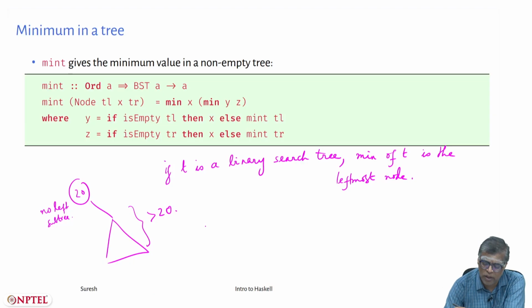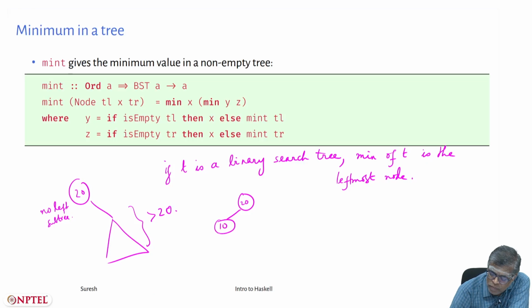But if there is a left subtree, suppose I have 20 here and I go here, there is some root, let's say 10, and there is a left subtree and right subtree. The left subtree has root minus 20, and then there is some left subtree and right subtree, and at this point it is minus 30, and there is no left subtree here.